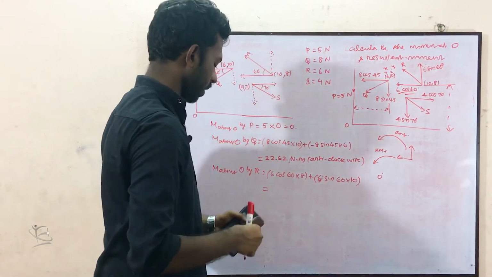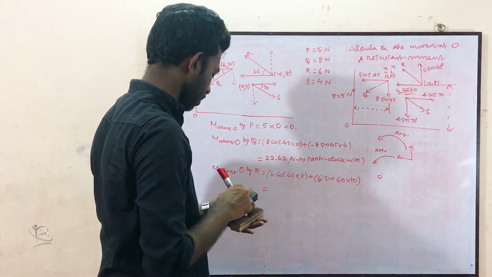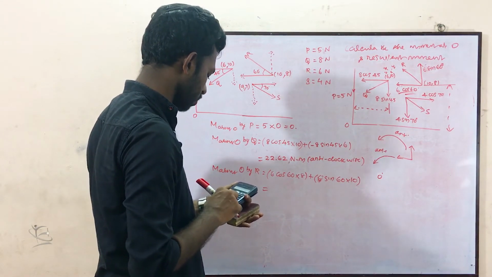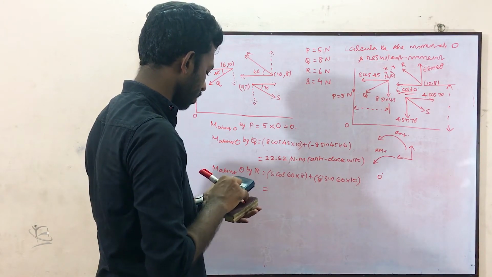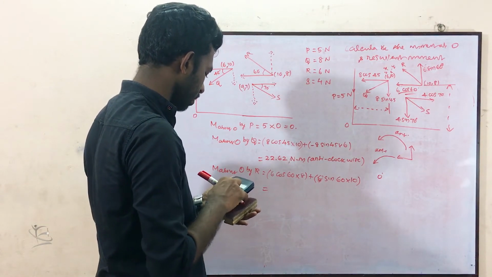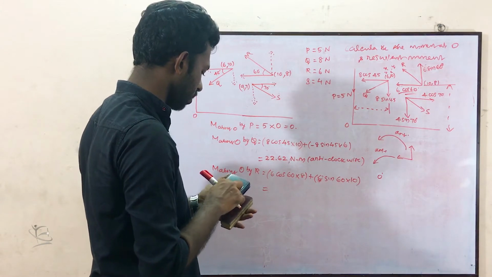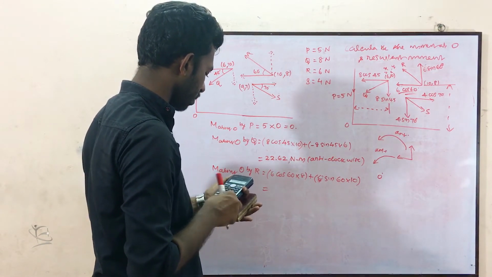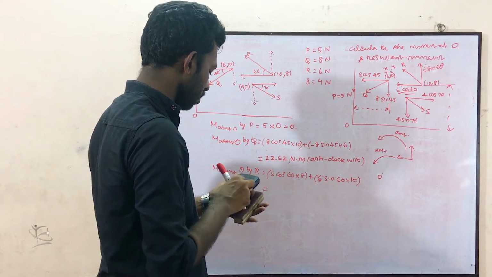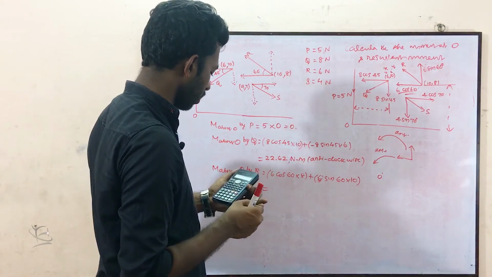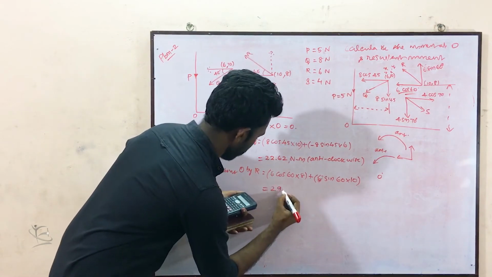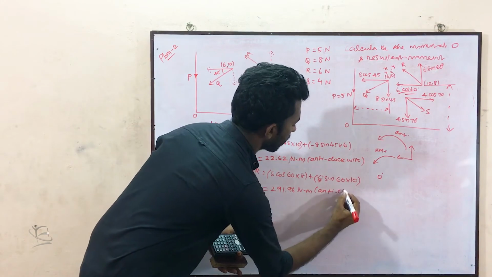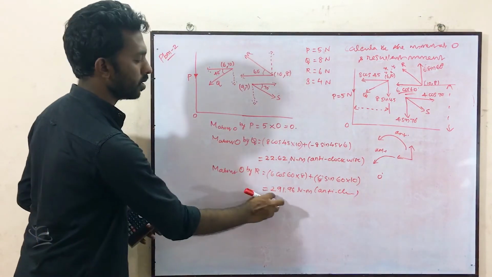So you have to calculate this: 6 cos 60 into 8 plus 6 sin 60 into 10 is equal to 291.96 Newton meter. Again this is anti-clockwise, because it is positive.